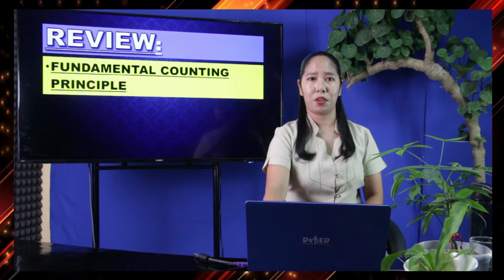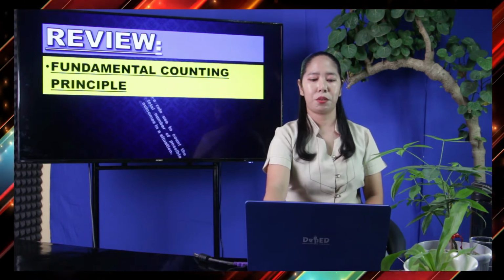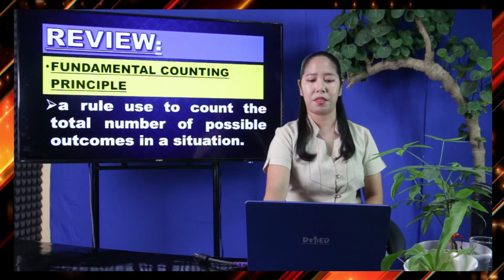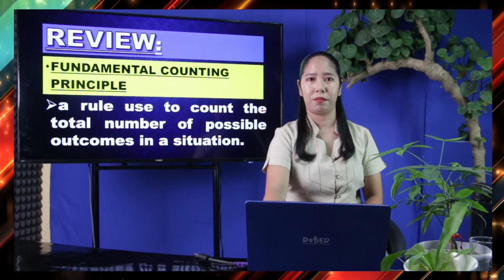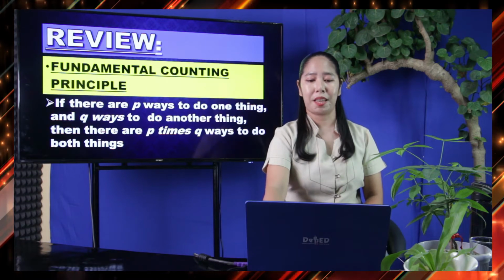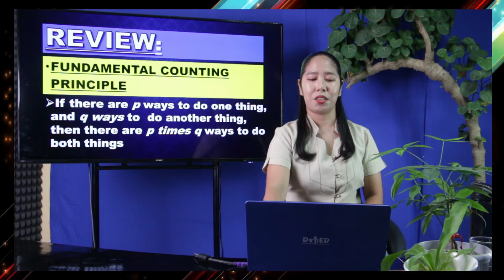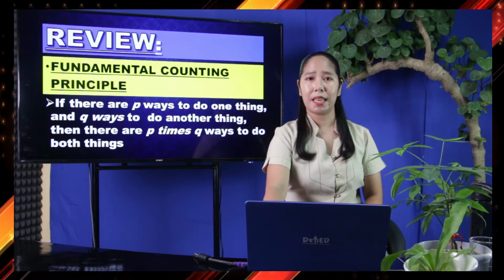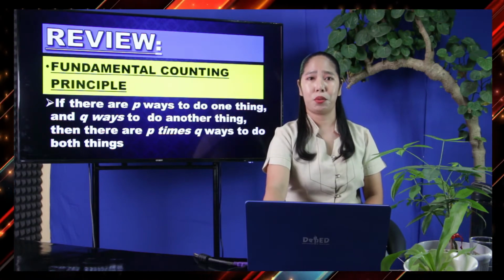The fundamental counting principle is a rule used to count the total number of possible outcomes in a situation. It also states that if there are P ways to do one thing and Q ways to do another thing, then there are P times Q ways to do both things.